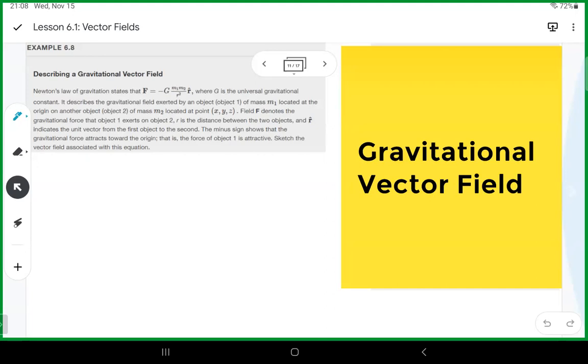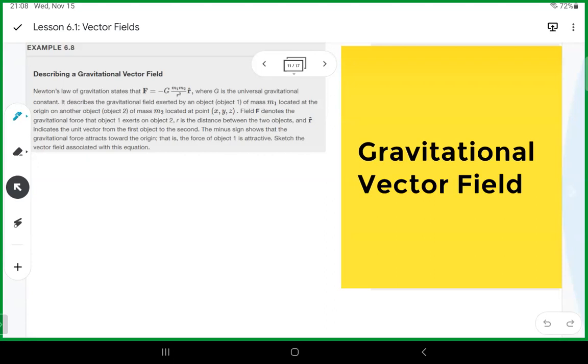The field vector denotes the gravitational force that object 1 exerts on object 2. r is the distance between the two objects, and r hat indicates the unit vector from the first object to the second. The minus sign shows that the gravitational force attracts toward the origin. That is, the force of object 1 is attractive. Sketch the vector field associated with this equation.